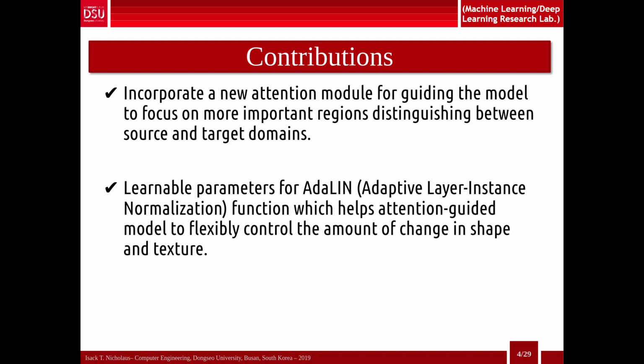So the model is trained in such a way that it can adaptively choose either to use layer normalization or instance normalization. By combining these two features, the model can generally control the amount of changes to make in both shape and texture.